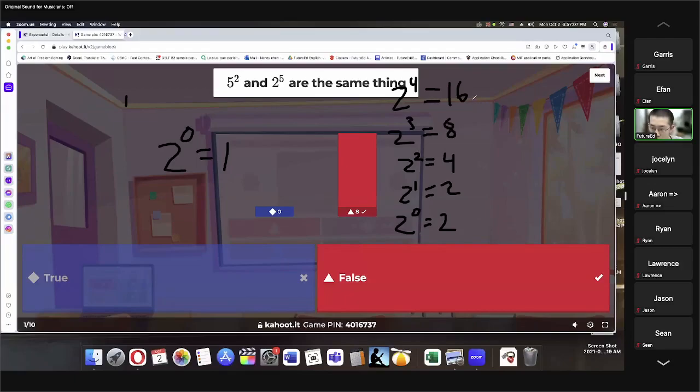So from 16 to 8, what do we need to do? How do we get from 16 to 8? It's not addition or subtraction. We got to do something each time. Would anyone like to guess?